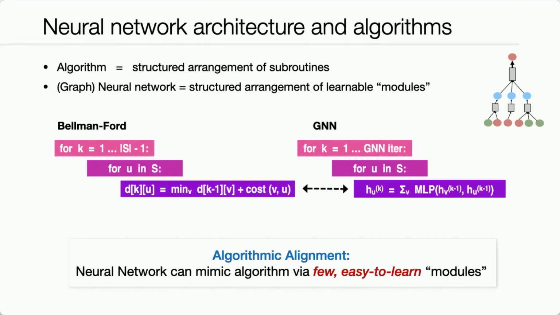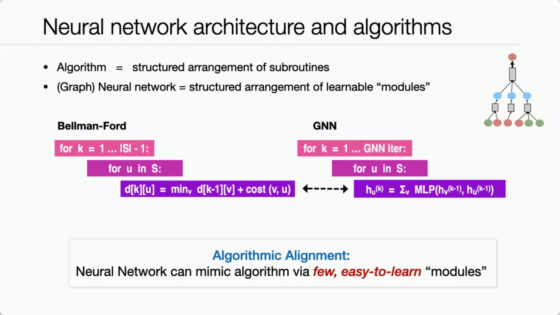So this is the idea of algorithmic alignment. Essentially, the computational structure of the neural network and the algorithm that I want to mimic match in some way. And we've seen in other talks too, where the speaker said that if you think about the architecture, you can do better. A targeted architecture can usually do better.